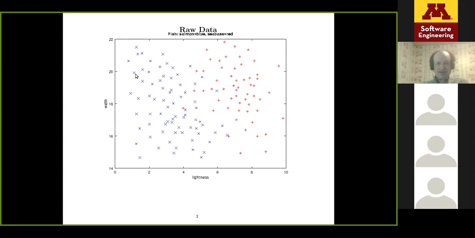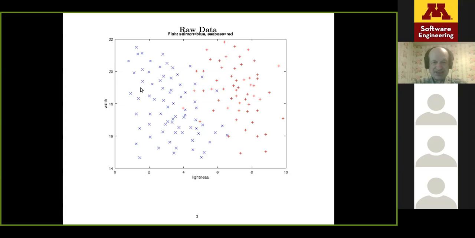So let me start with my toy example. Suppose you have a collection of fishes and you would like to design a vision system that would distinguish salmon from sea bass. This is sort of a prototype that I learned when I first took a course in machine learning.